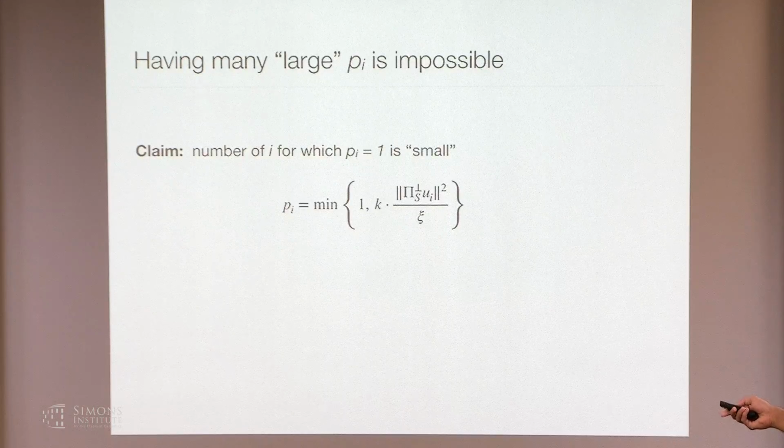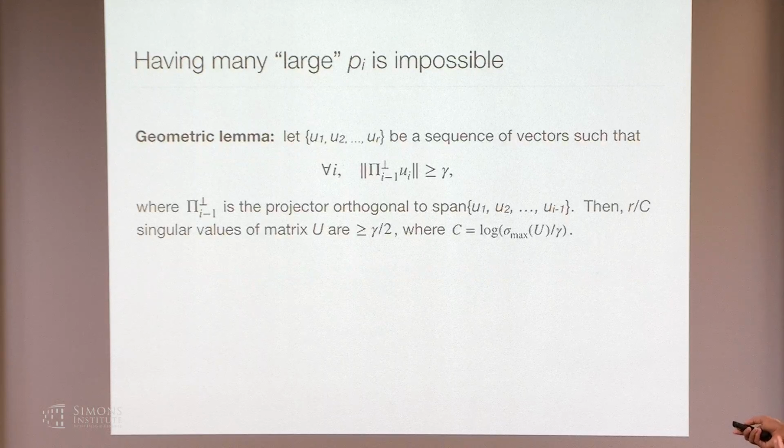We want to show that this kind of a thing is impossible, and for this there's a very simple geometric lemma that you can write. If you have a sequence of vectors u1 through ur such that for every i, the projection of ui orthogonal to all the vectors that preceded it, I'm just introducing some notation here, called pi sub i minus 1, is at least gamma, then you have many singular values.